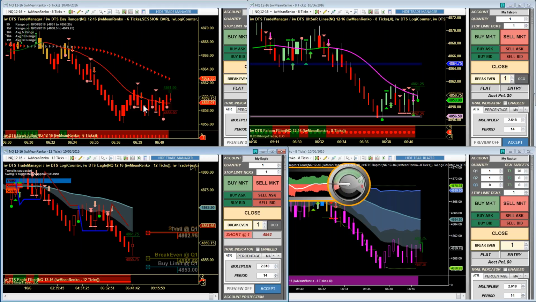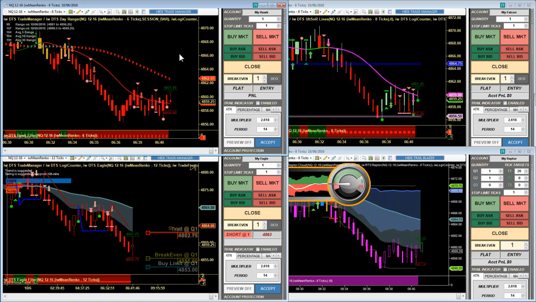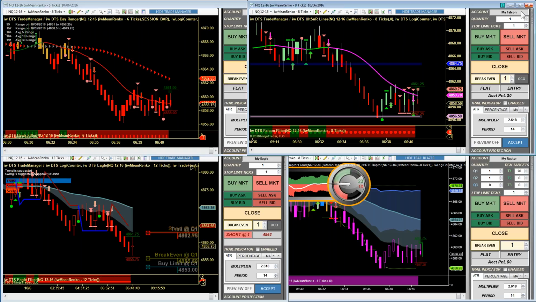Working a possible 4-arrow consolidation here now on the Hawk. And we've got a proper trend change signal here on the Falcon.